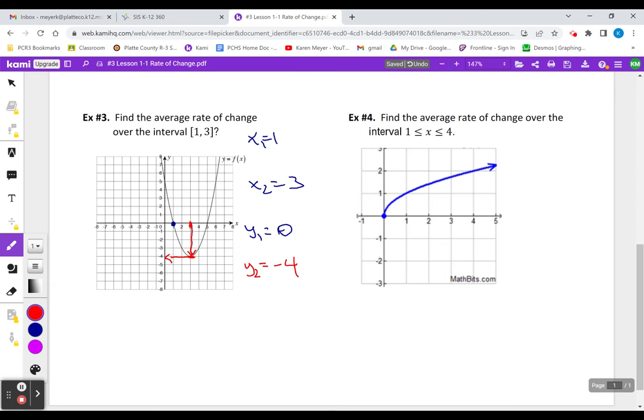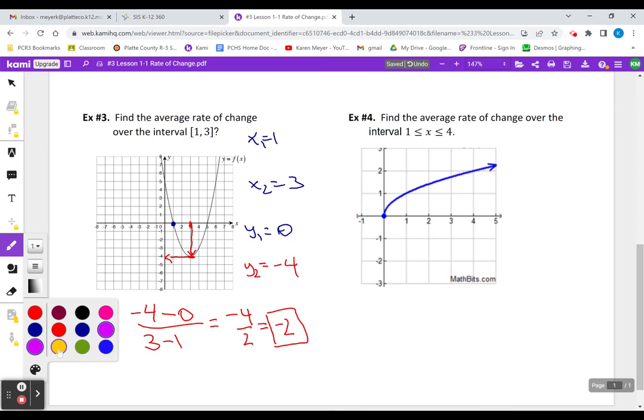Now subtract the y's over subtract the x's. So negative 4 minus 0 over 3 minus 1, which gives me negative 4 over 2, which reduces to negative 2 as my final answer.